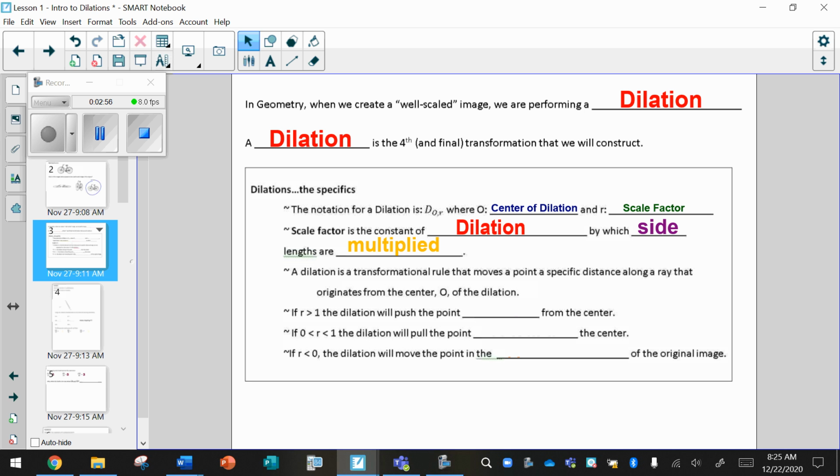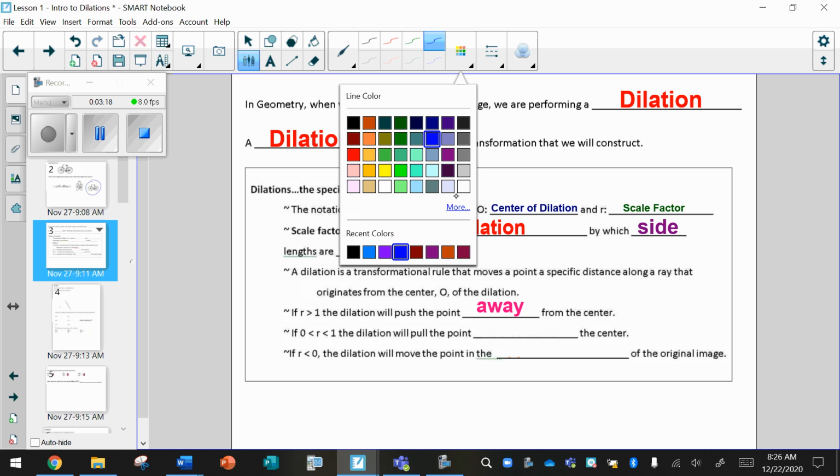A dilation is a transformational rule that moves a point a specific distance along a ray that originates from the center of dilation. If your scale factor is bigger than 1, then your dilation pushes the point away from the center of dilation, which means your object gets larger. Now that should kind of make sense to you.